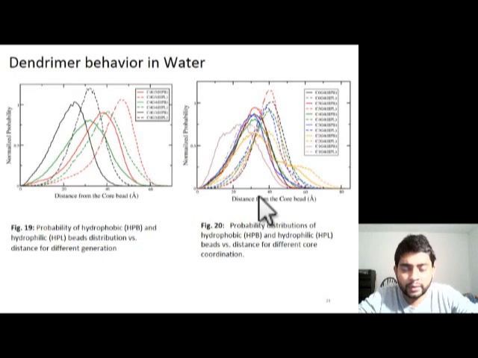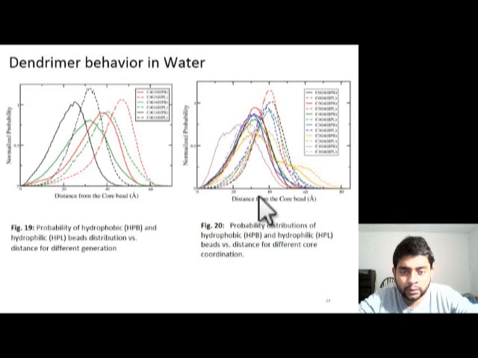This is our dendrimer behavior in water. We plot normalized probability curves versus distance from the core bead to outside of the dendrimer molecule.